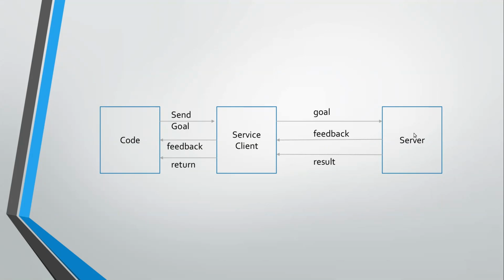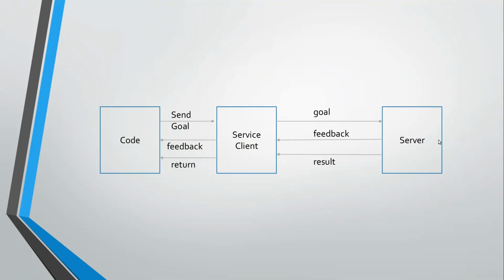Once the server starts calculations, from time to time it will send a feedback message. It's called feedback. From time to time, it will send a ROS message called feedback to the service client, and the service client will give it to the code. It can be something like a percentage of completion or time spent, or even values as well.